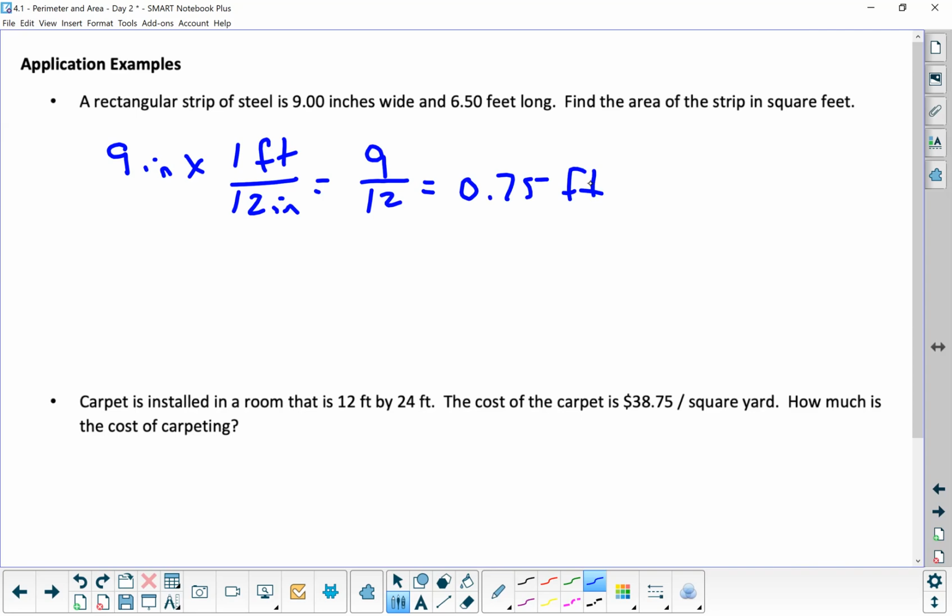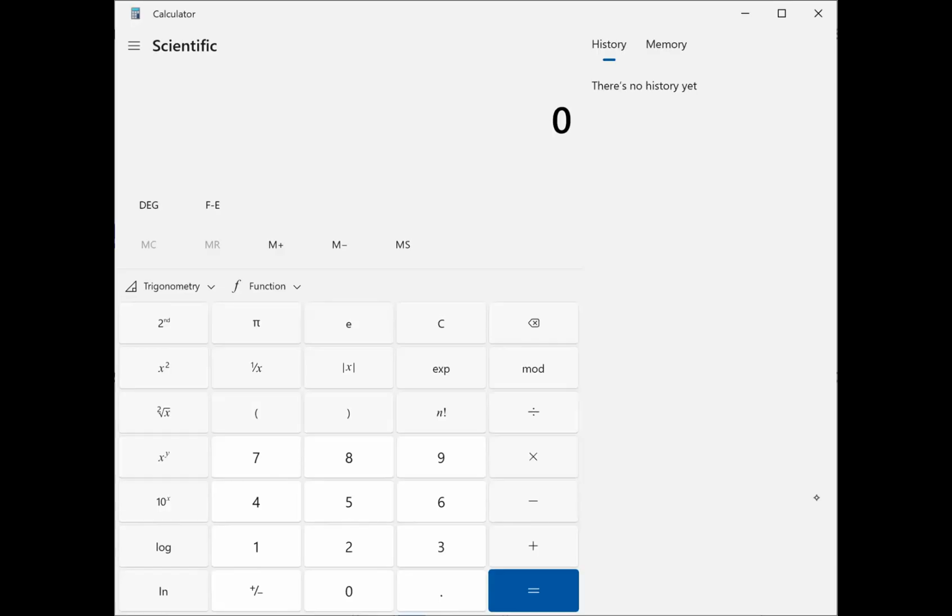So my area is going to be 6.50 times 0.75. And if I use my trusty calculator on that, that's like 4.875.